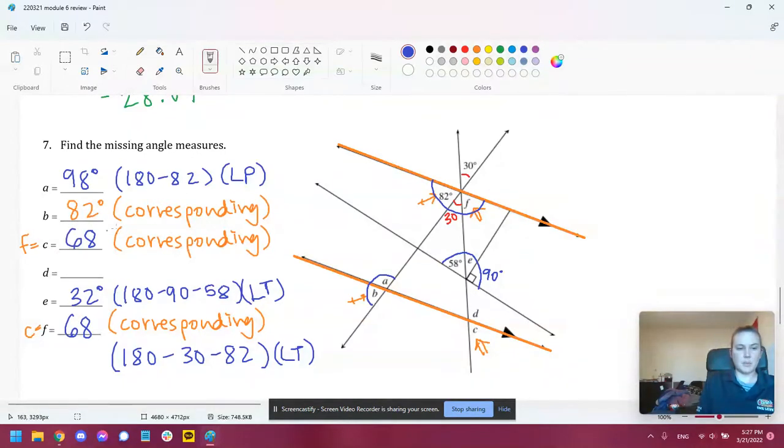Then C was the same as F, so we can put in 68 there. And then D and C make a linear pair. So D is 180 minus 68, which is 112.